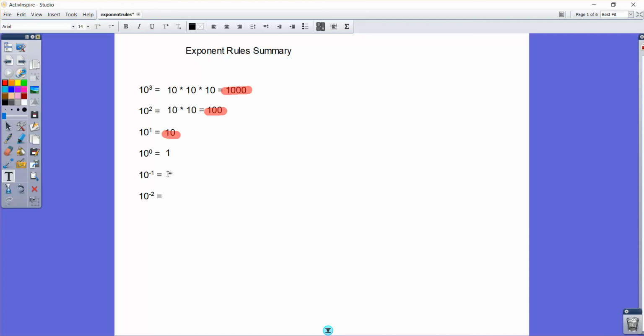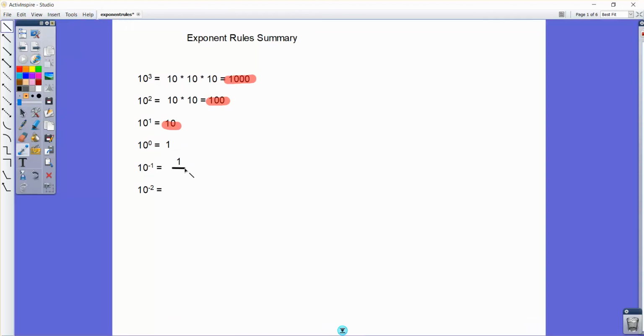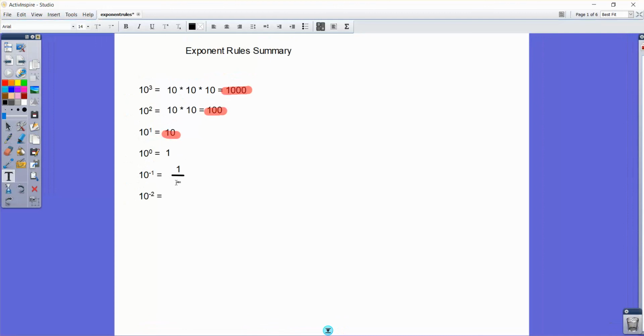What does that mean, right? Well, when we have a negative power, and we're going to see this in a formal rule in just a second, we have a negative power. This is actually a reciprocal. So that means 10 to the negative 1 really means 1, right? But then divided by, let me draw my little fraction line there, and that really means 1 divided by 10 to the first, okay?